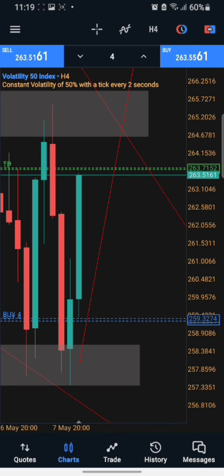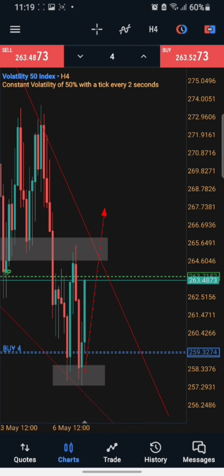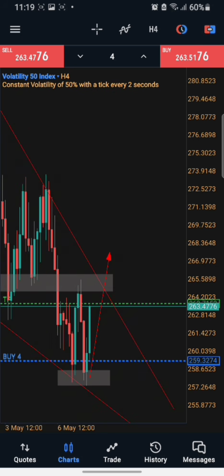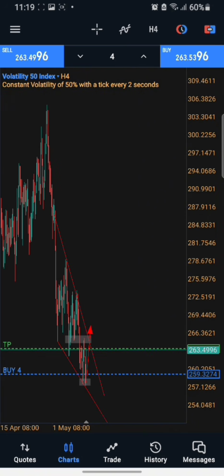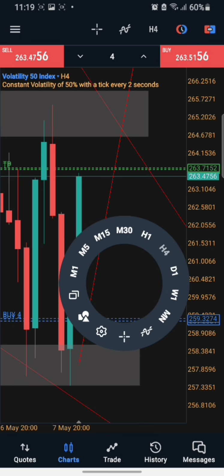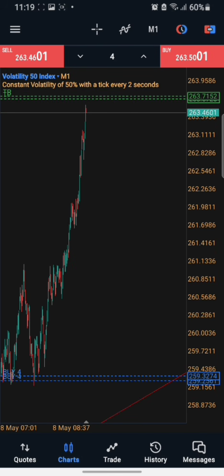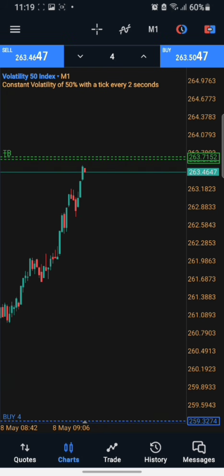Now we're in $40 equity, which is a lot. Let's see if we can hit our TP. So it's failing to reach our TP. Let's wait for it and see if it is going to reach that take profit.